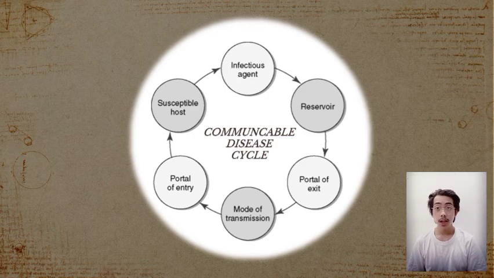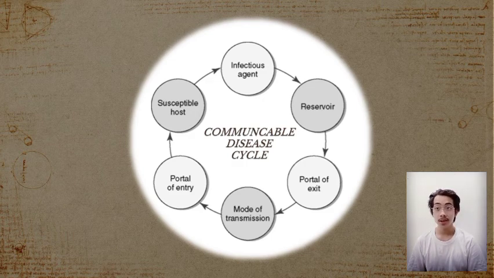Often, infectious agents use the same portal to enter a new host that they used to exit the source host. For example, influenza virus exits the respiratory tract of the host and enters the respiratory tract of the new host.